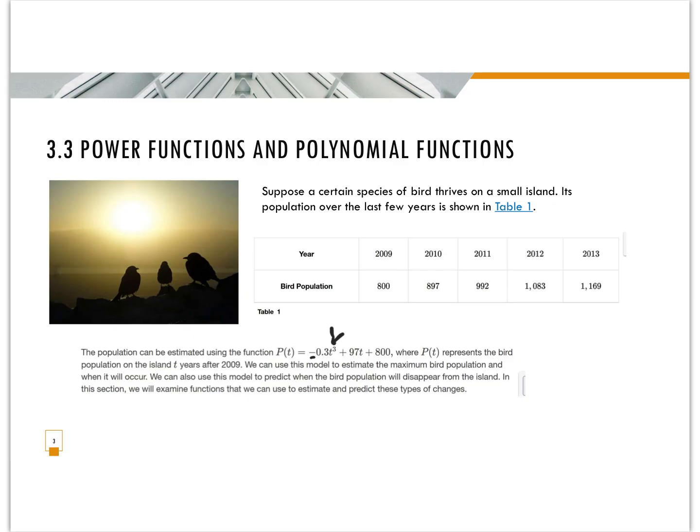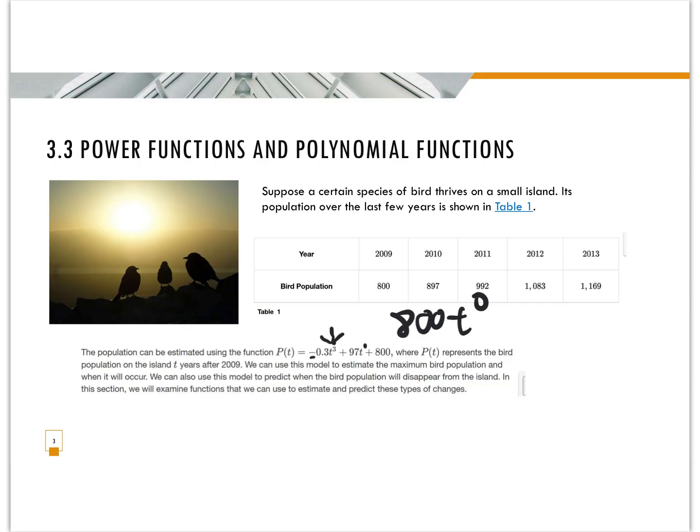And I said we're going to talk about degrees. Well, the highest power is a 3 because this is t to the first. And then the 800 doesn't have a variable, so we could literally say it's 800 t to the 0. Because t to the 0 means 1, so 800 times 1 is still 800.